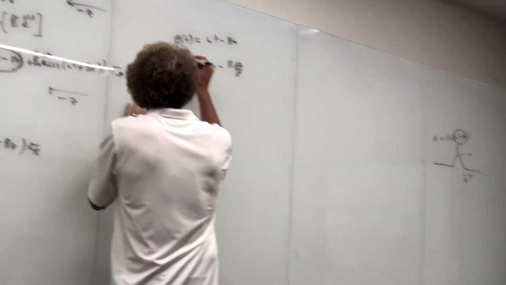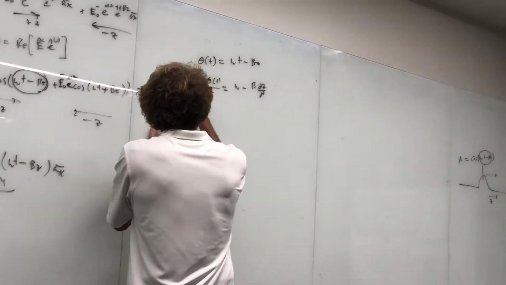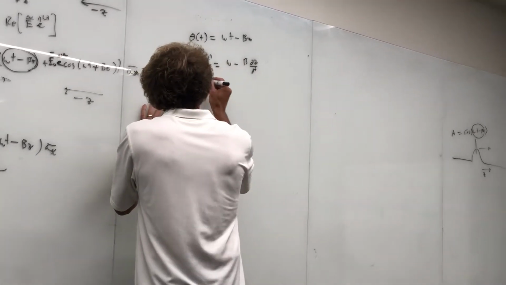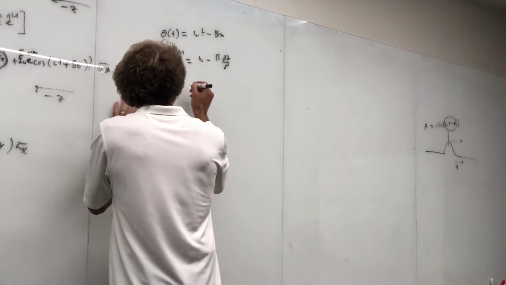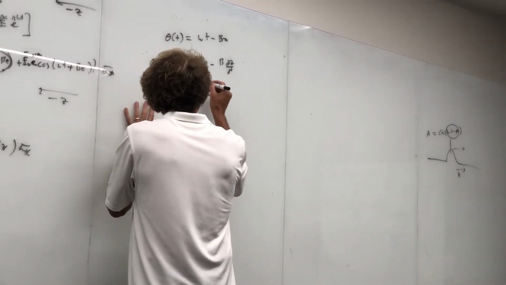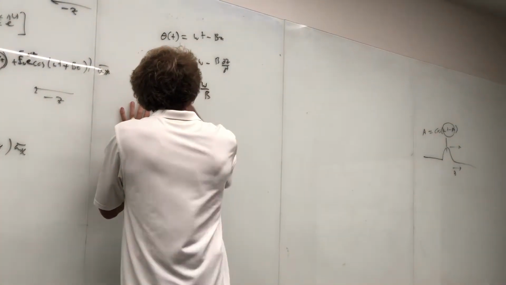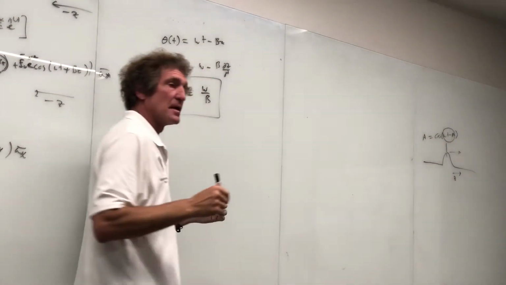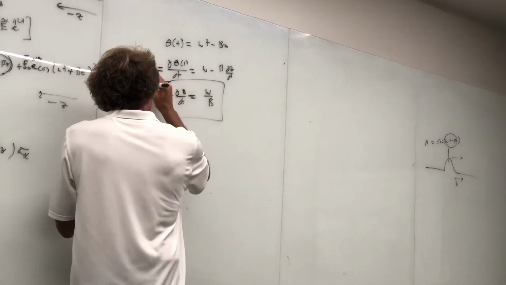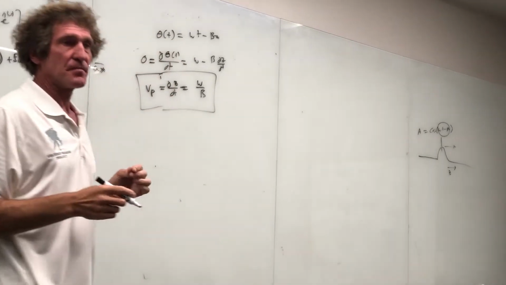Here is how you get it. You set this equal to 0. When you set that equal to 0, then you find that dz/dt will be equal to minus omega over minus beta, so it's omega over beta. And that's true always. And that is the phase velocity, by the way. That's v phase. Phase velocity.